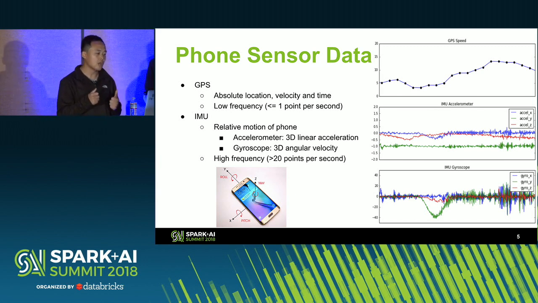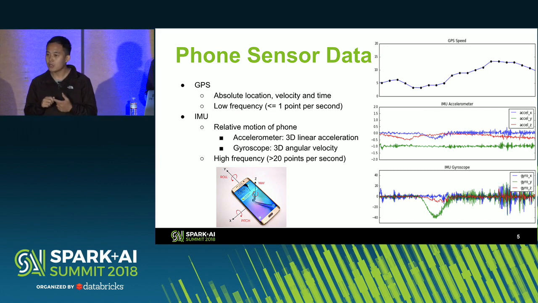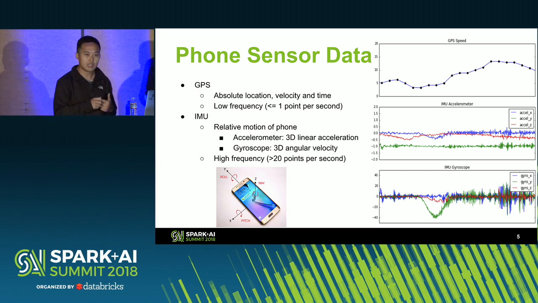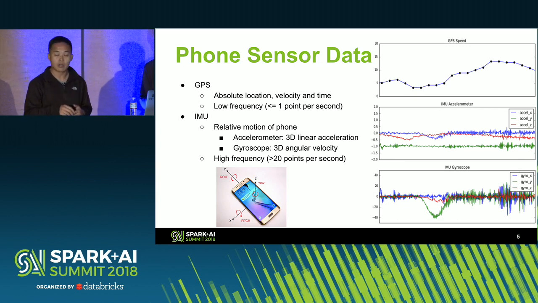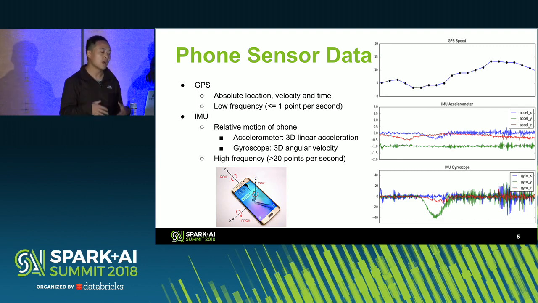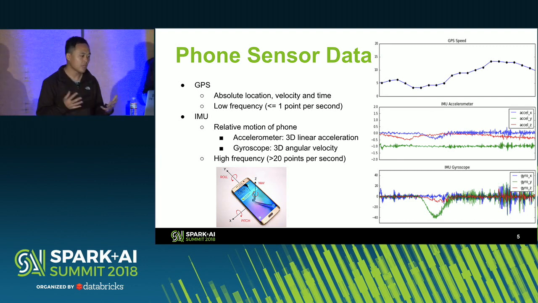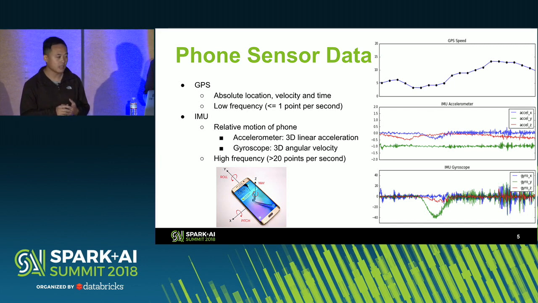It typically has an accelerometer unit, which measures the three-dimensional linear acceleration of the phone, and sometimes a gyroscope unit, which measures the three-dimensional angular velocity of the phone. It is collected at a much higher frequency, oftentimes more than 20 points per second.